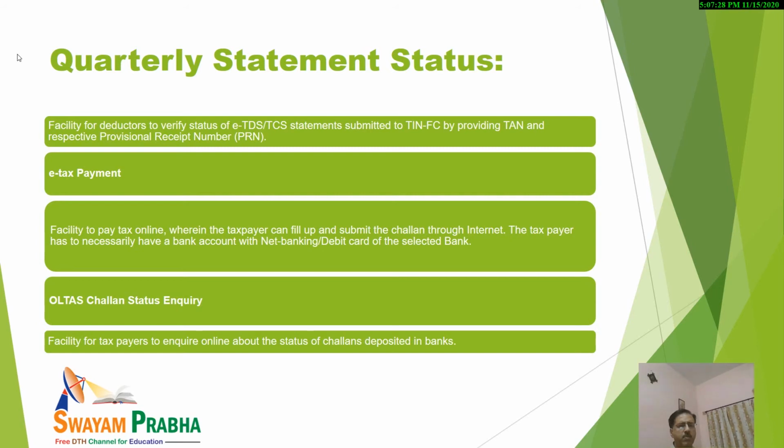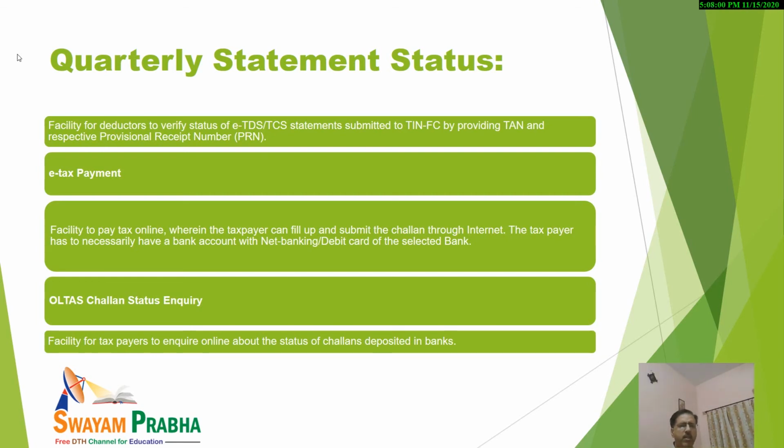Now, e-tax payment. Kindly note that there is a facility to pay tax. Now you know that tax can be paid through electronic mode. Taxpayers can fill up the challan, and by just a click of the mouse, in case you have net banking, you are in a position to pay tax electronically, online.